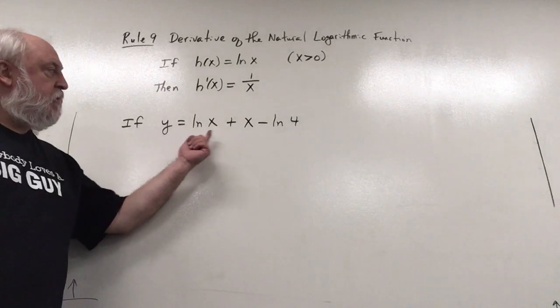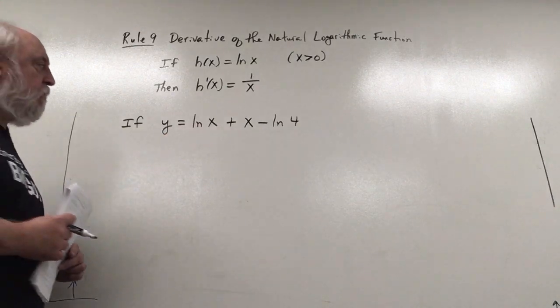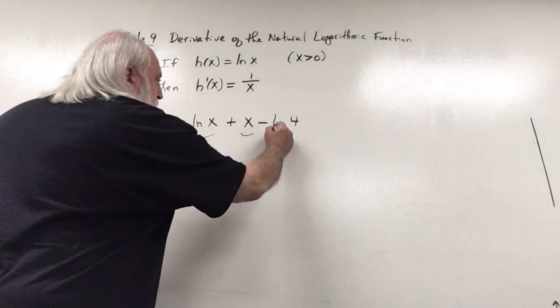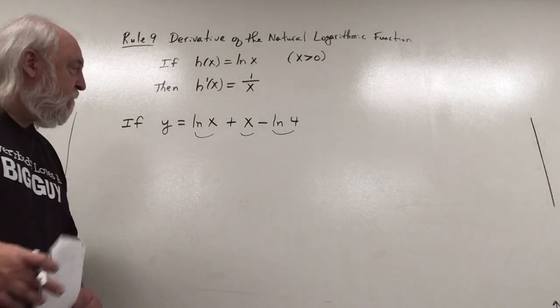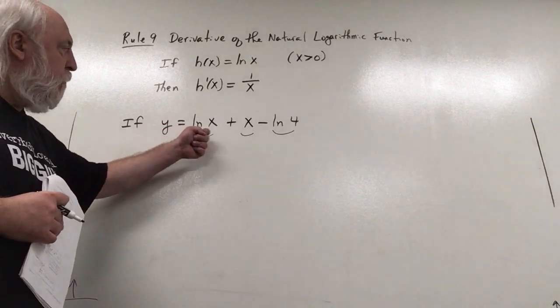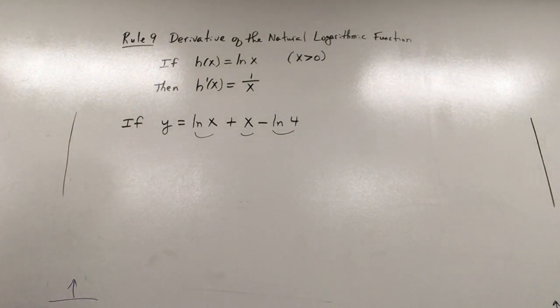Now, we have a function with 3 terms in it. ln of x is the first term, plus x is the second term, minus the natural log of 4 is the third term. And so we know from previous rules, the sum and difference rule, that we can differentiate the right-hand side term by term.